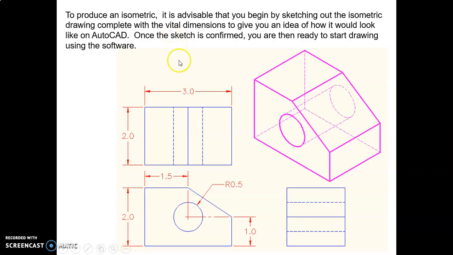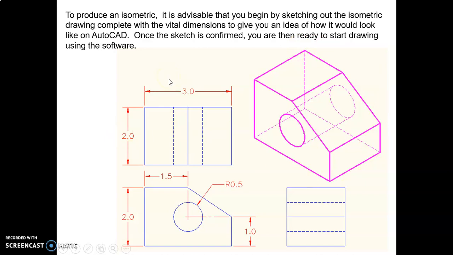In order to produce an isometric drawing, remember what we did last time is called orthographic. So isometric is the reverse. We have the orthographic drawing, and you have to produce the isometric drawing. Before this, you had the isometric and then produced the orthographic.